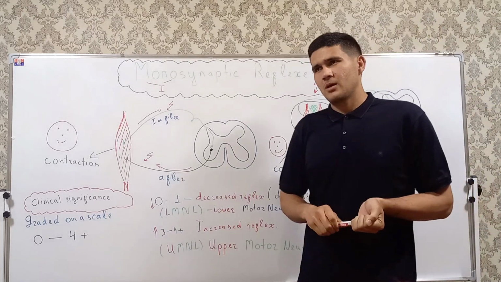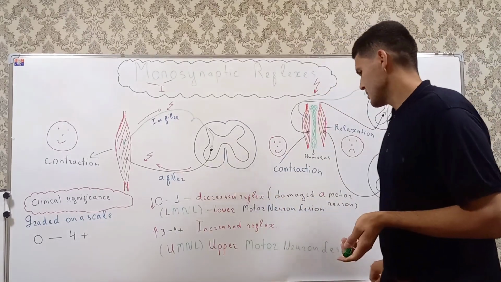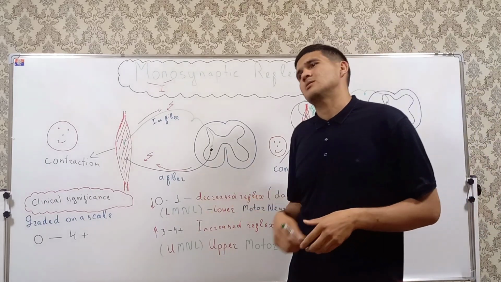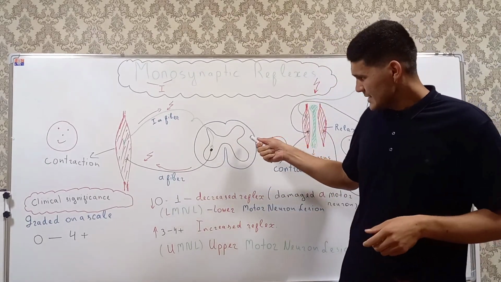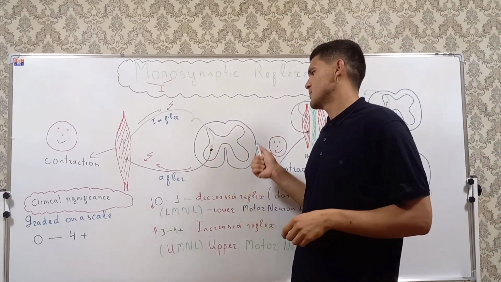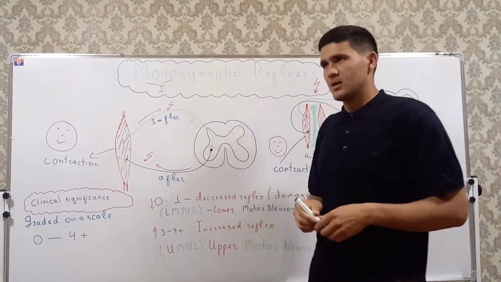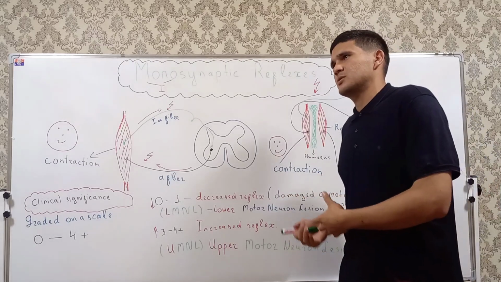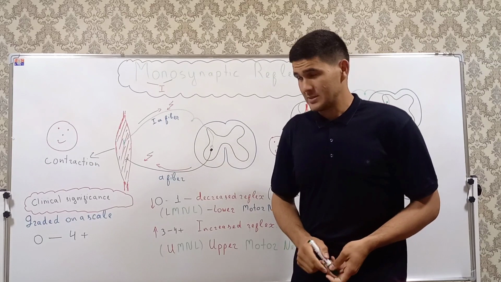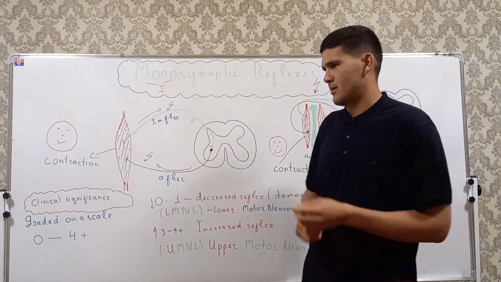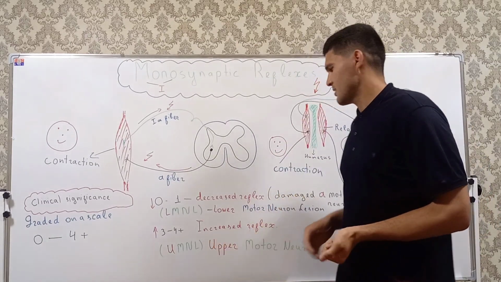You know, the main function of the upper motor neurons, in addition to controlling our actions, is that they suppress the action of the spinal alpha motor neurons. The loss of inhibitory neurons causes overactivity of the spinal cord neurons. As a result, you can see there is an increased reflex.